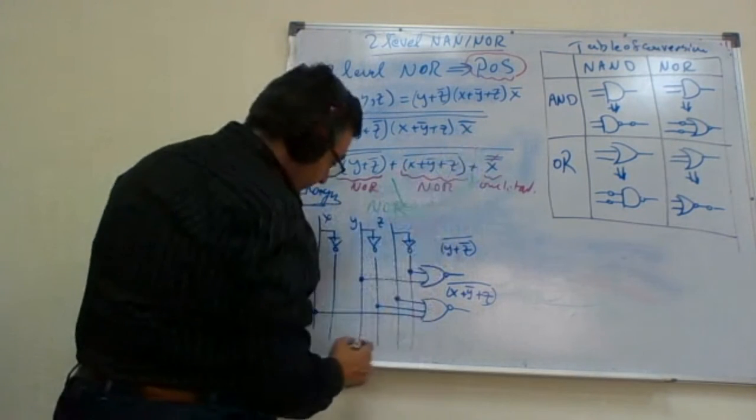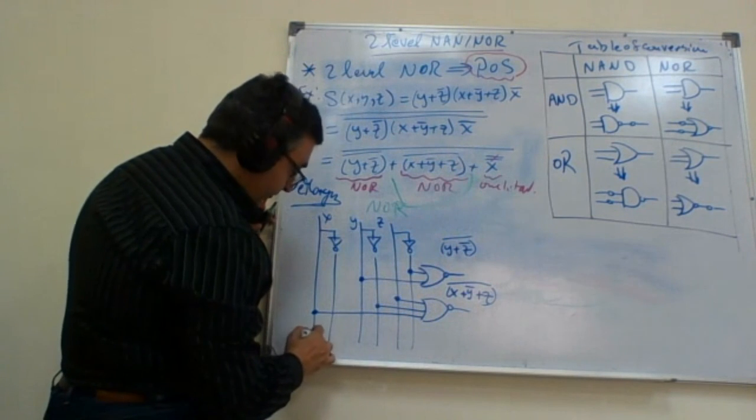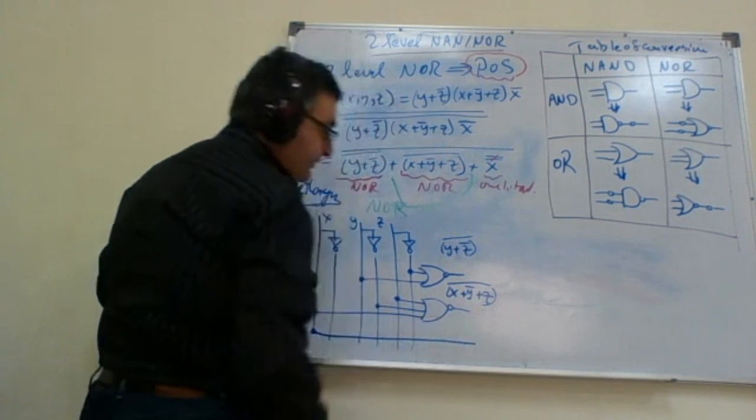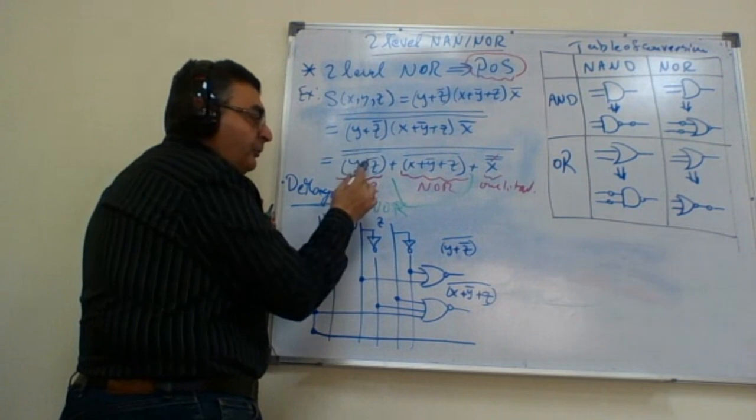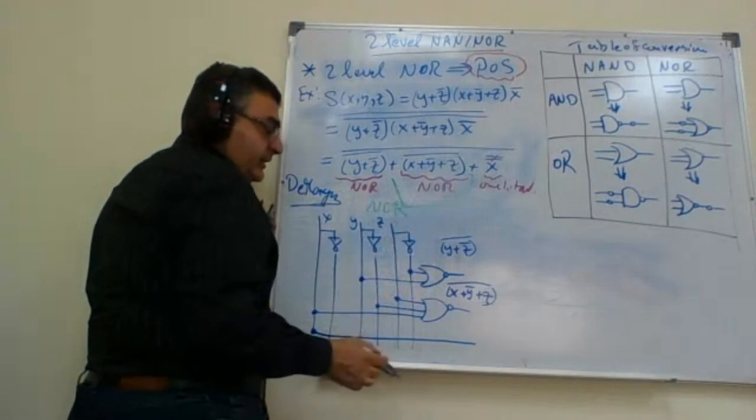Finally, I need the input X. What is the relationship between the output of this NOR and the X?